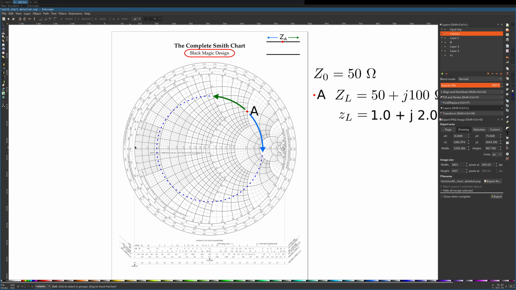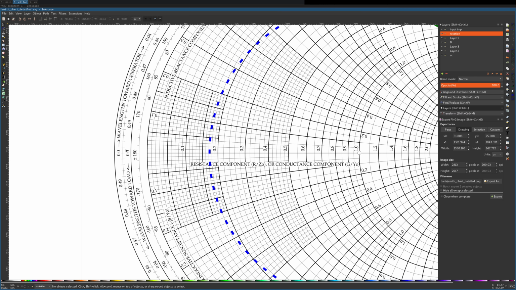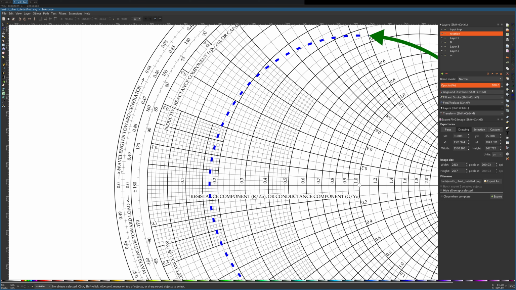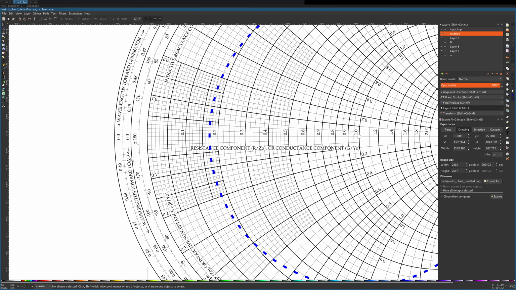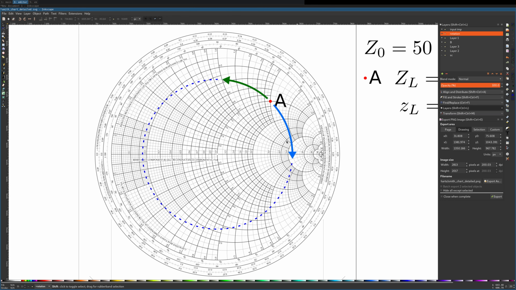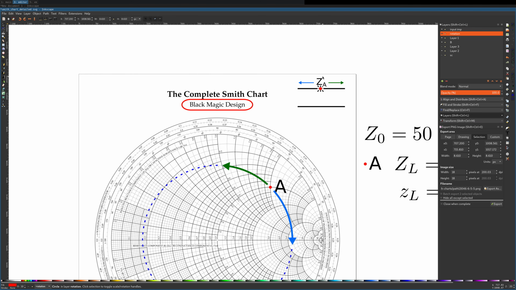If you look at the outer two rings on the Smith chart, you will see for the outermost it says wavelength towards generator, and for the second outer one it says wavelengths towards load. What this means is when you rotate in the clockwise direction, which is towards the generator, you are looking at the impedance at various points closer to the input of the line.